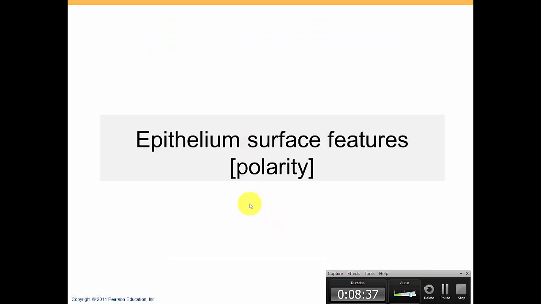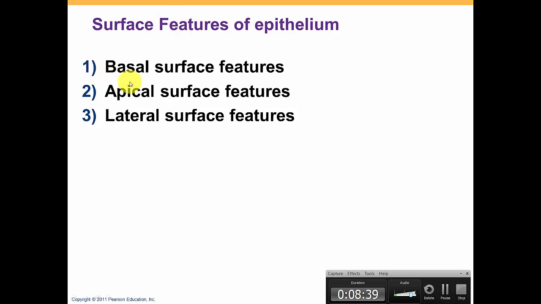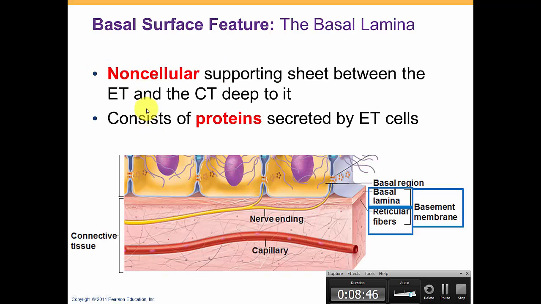So let's talk about polarity. We said we have basal, apical, and lateral surfaces. Let's start with the basal surface. On the basal surface, we have the basement membrane, which is typically formed of basal lamina and reticular fibers. The basal lamina is secreted by the epithelium, while the reticular fibers are secreted by connective tissue.